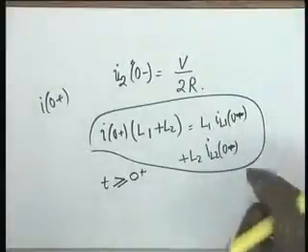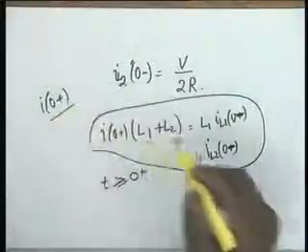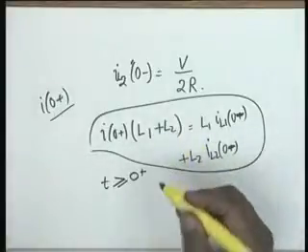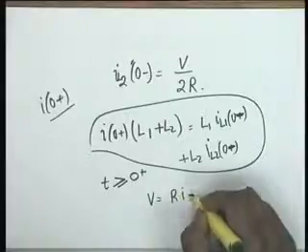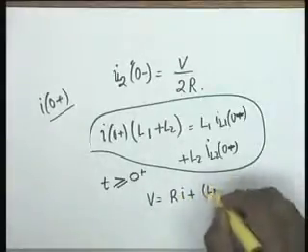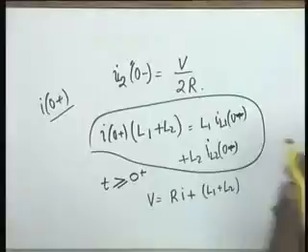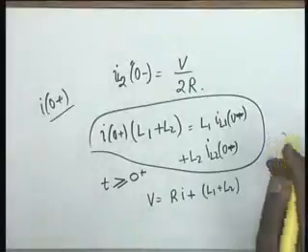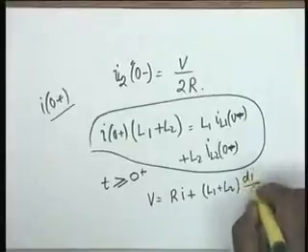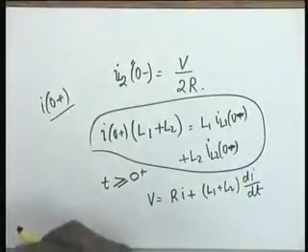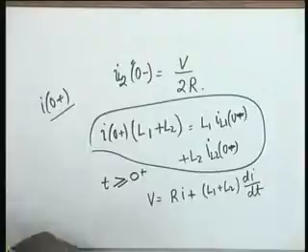So from here you find I 0 plus, then at t greater than or equal to 0 plus, obviously the equation is V equal to Ri plus (L1 plus L2) di dt. Now you can combine the two, because di dt does not involve the initial conditions. You solve this equation.